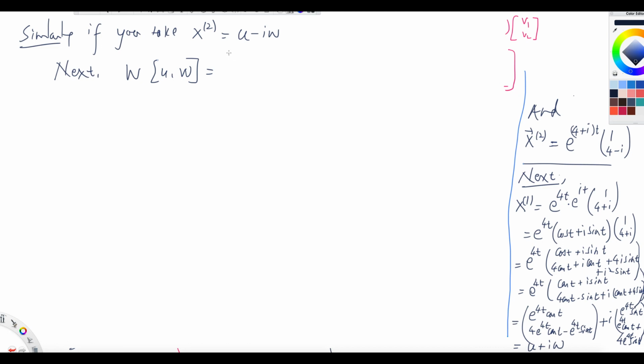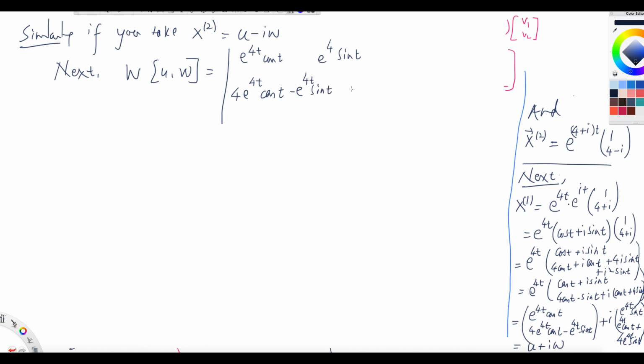The first column is e to the 4t cosine t, and 4 e to the 4t cosine t minus e to the 4t sine t. That is the first one.